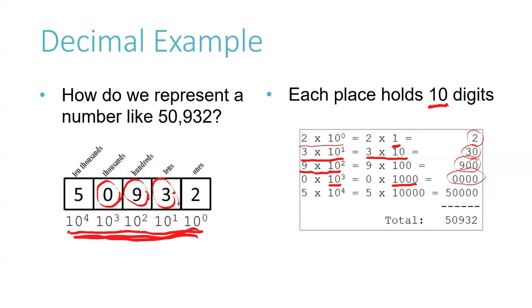And then finally, we have 5 10,000s, or 5 times 10 to the fourth. So 5 times 10,000, or 5 10,000s, is 50,000.